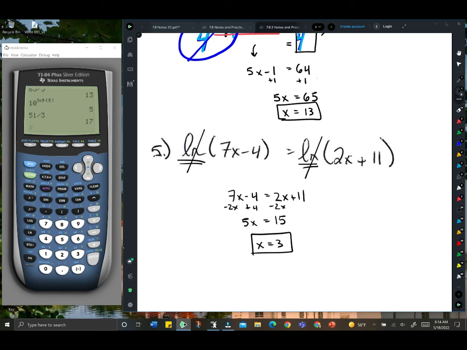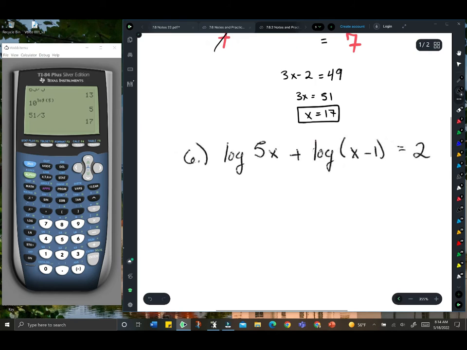It's the same idea. Now, when it comes to things like 6, we have to do a few things first. There's no log on the other side, and we have 2 logs on this side. What we need to do is condense any logs together. So we need to remember our properties of logarithms. Remember that addition becomes multiplication.